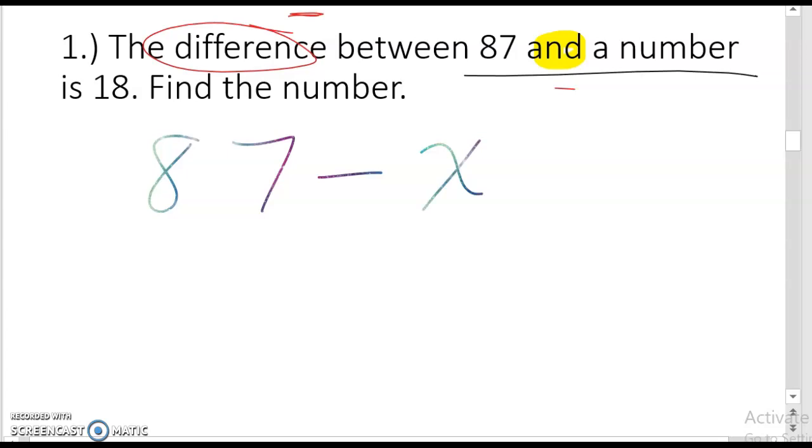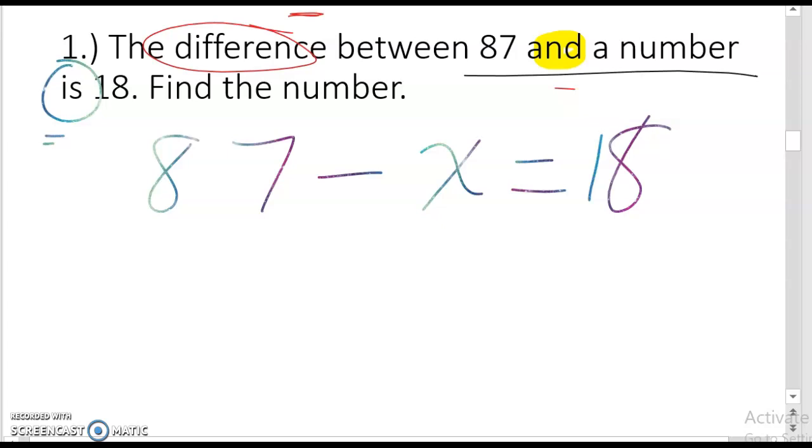Now, I don't know what that number is, so we're going to use the variable x. And "is" means equals, I should have put that on the first screen. So that's going to give me 18. When I'm thinking through this problem: what 87 minus what gives me 18? Well, we can figure that out by solving this equation.